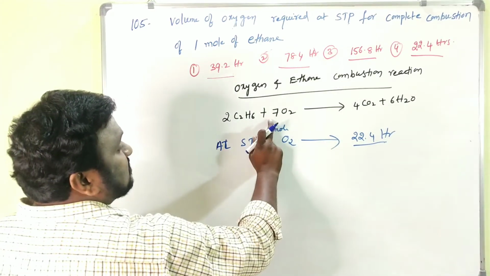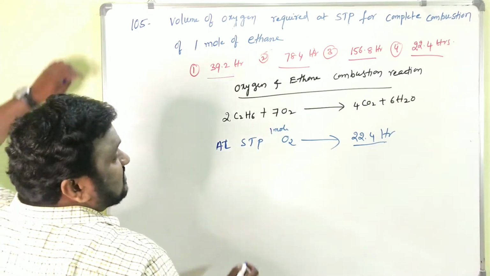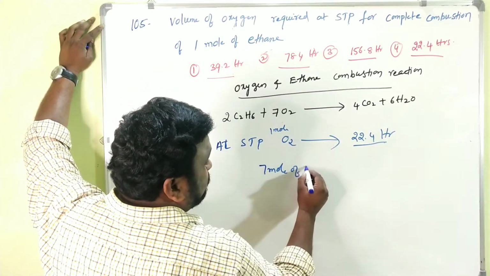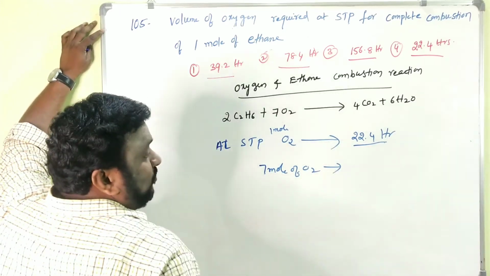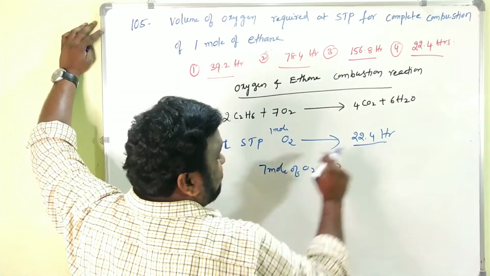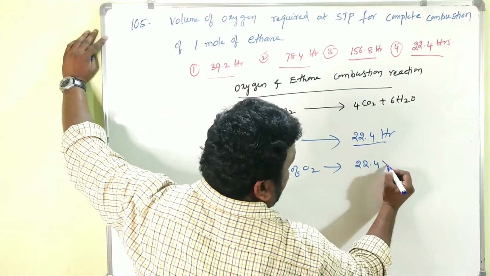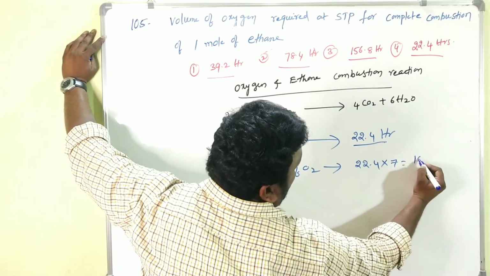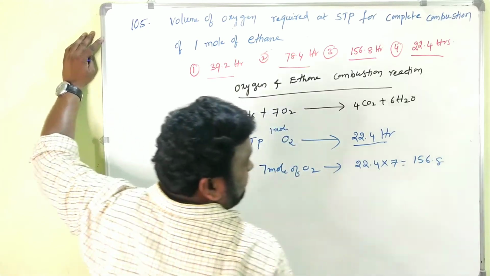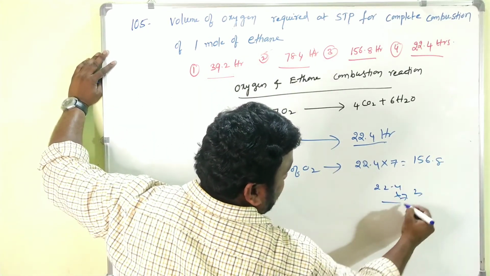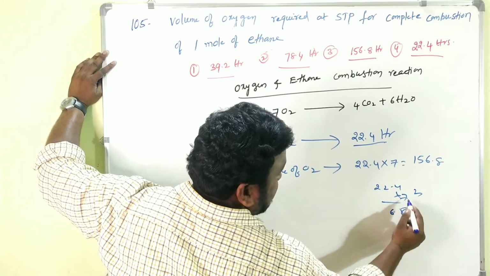In that combustion reaction, how many moles of oxygen are there? Here 7 moles of O2. For 1 mole 22.4 liters, for 7 moles how many? 22.4 into 7, that equals 156.8. Let us check: 7 4s are 28, 7 2s are 14 and 6, yes.